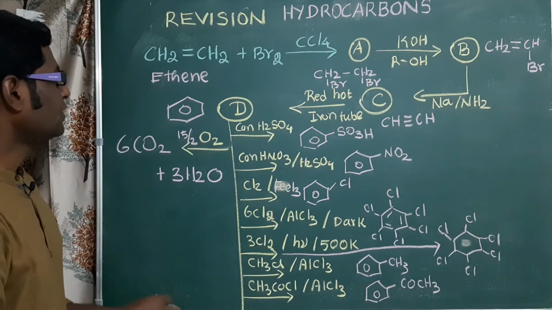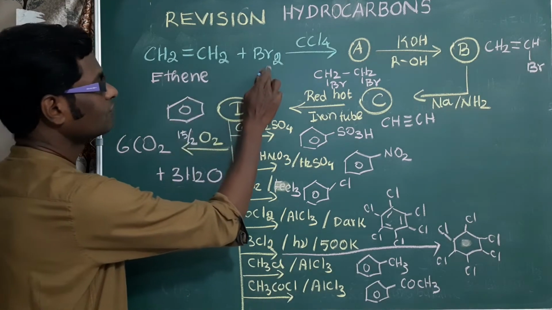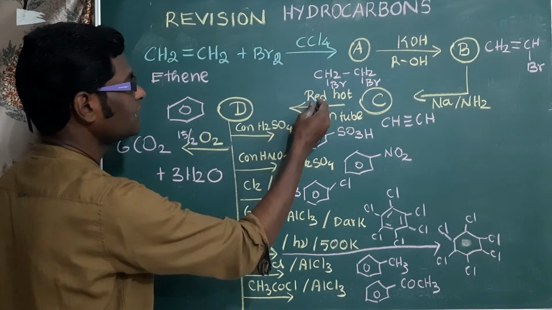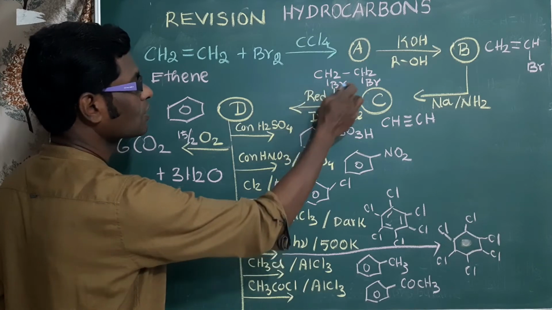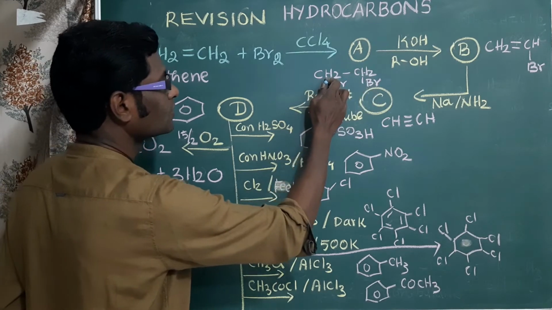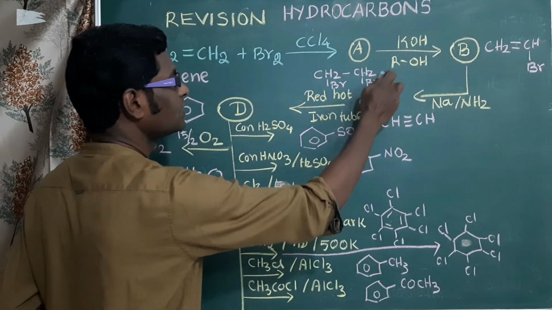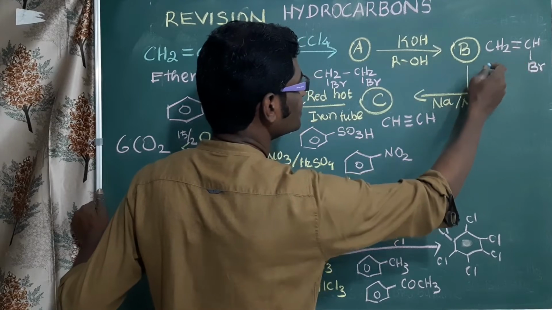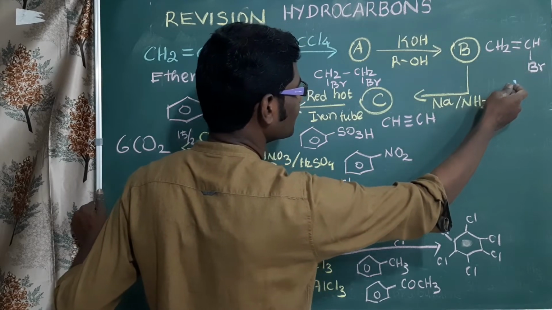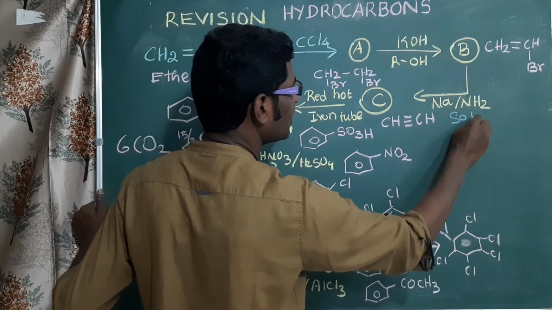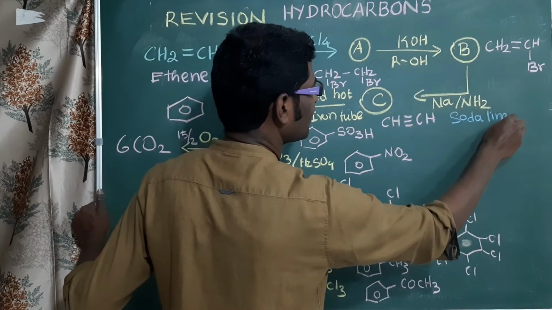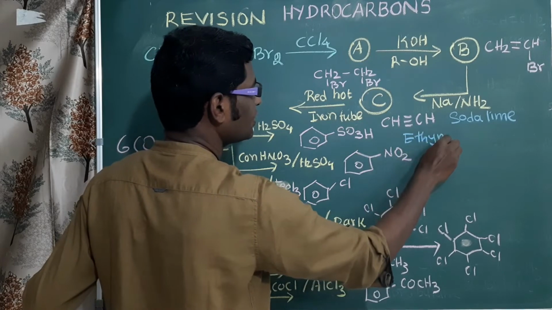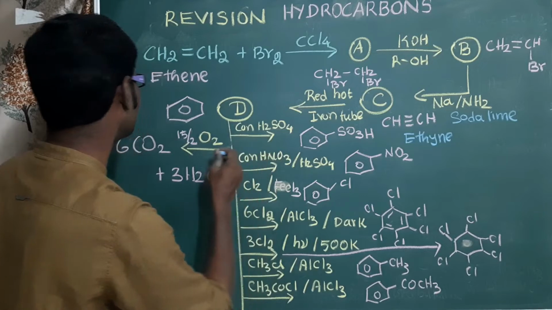I will repeat again. When ethene is treated with bromine in the presence of CCl4, this reaction is called a bromination reaction, an addition reaction, and we will get 1,2-dibromoethane. This 1,2-dibromoethane treated with alcoholic KOH gives bromoethene. This reaction is called an elimination reaction. Then treated with soda lime, again elimination occurs, and we will get ethyne. This ethyne passed over a red hot iron tube gives benzene.